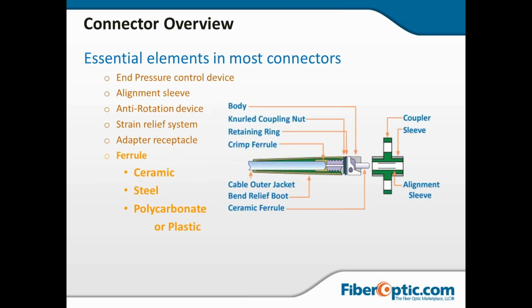So the overview. Now all connectors have essentially the same components. We're going to start at the bottom actually, and we're going to look at the ferrule. And the ferrule in my mind is where the magic really happens. This is the precision component that allows for the precise alignment of the two fiber core axes. On both sides you've got a ferrule.